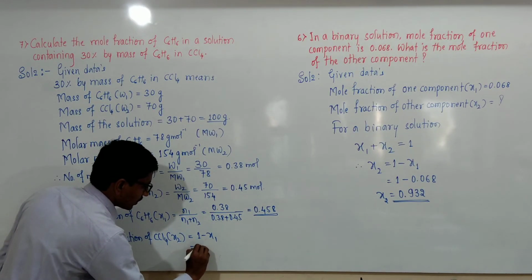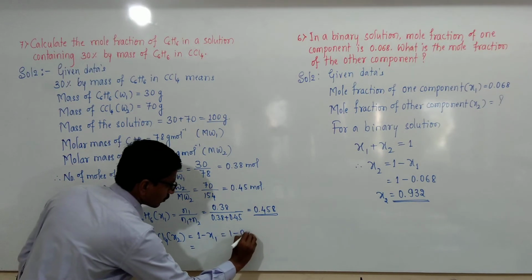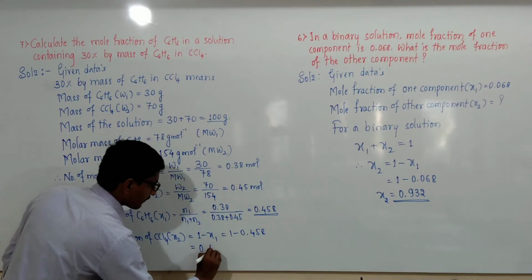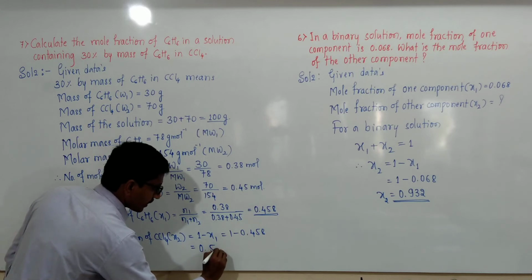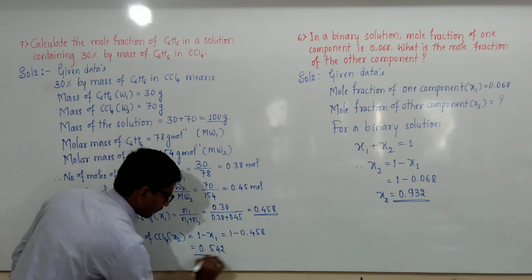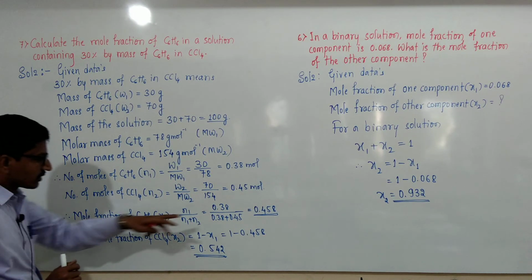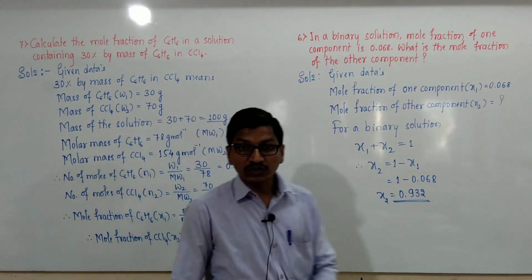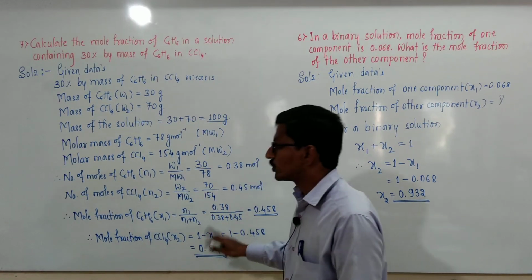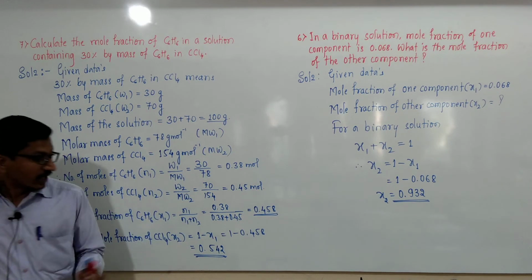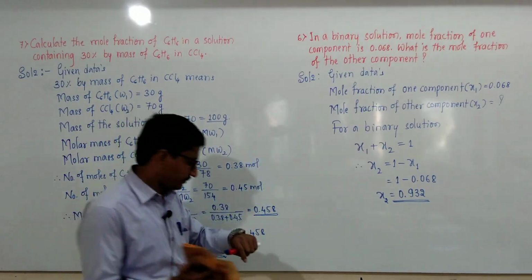This is equal to 1 minus 0.458, that is 0.542. They have asked only to calculate the mole fraction of benzene, but if one is known, the other mole fraction can be easily calculated using this relation.